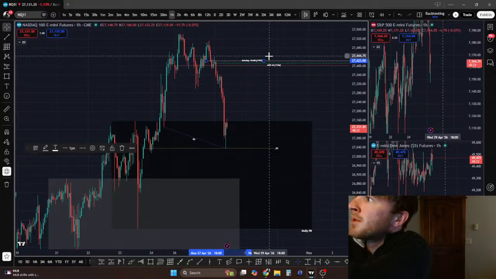Using 0.25% risk, all in a single option contract.